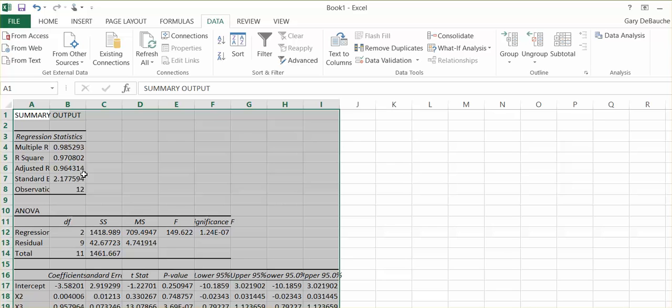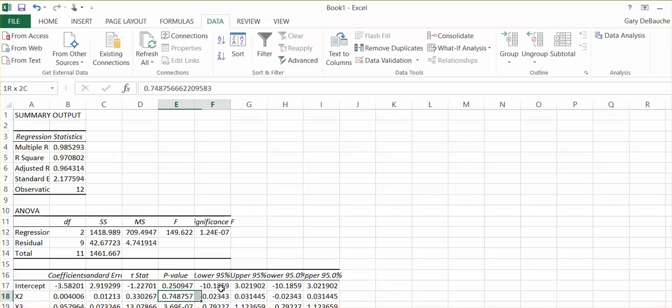I want it to get closer to 1, but it's going down. So that's saying immediately that no, I don't think I want x2 in the model. And yes, when we go down and look at the coefficients, you can see the p-value for x2 is 75%, which is way high in relation to our level of significance. You can see x3 is still significant.